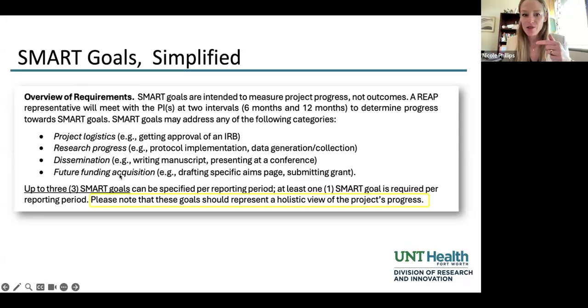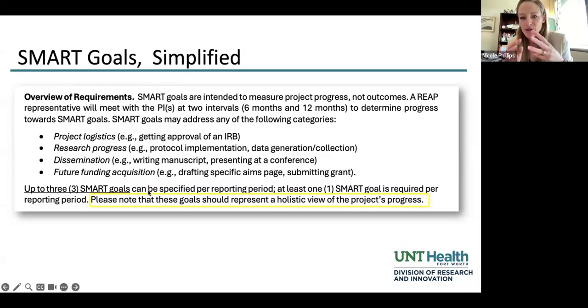The last thing may not be really applicable. You may not be planning to submit a grant within 1 year if you're at the pilot phase. So maybe your SMART goals are more around logistics, progress and dissemination, writing the paper that you need to get the grant. So just know that that's up to the PIs to draft.